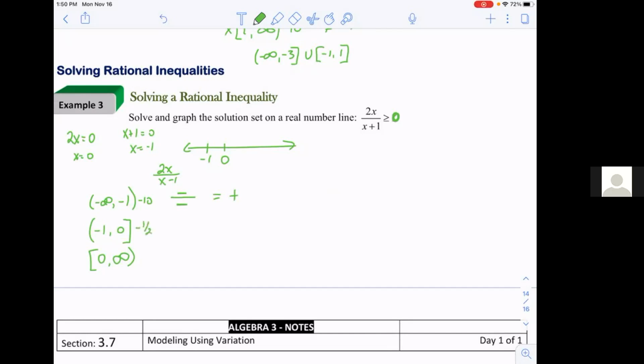We're going to have to use negative 1/2. 2 times negative 1/2 is just negative 1. Negative 1/2 and a negative 1 make two negatives. That also is a positive. And lastly, I've got to use some number between 0 and infinity. We'll use a 10. That's going to give me a positive and a positive, which is a positive. Where have I gone wrong?